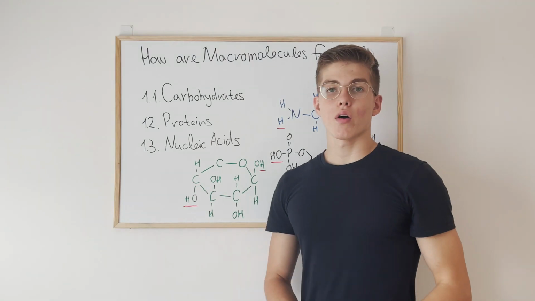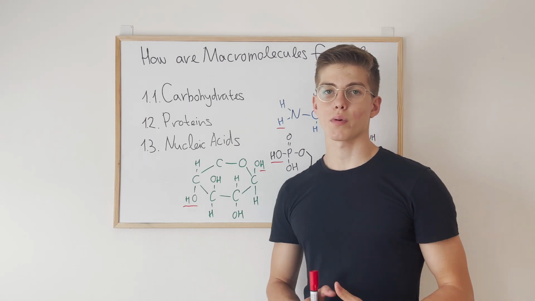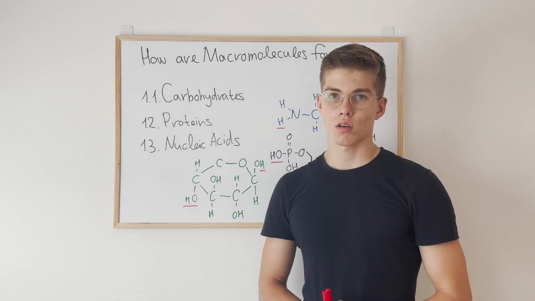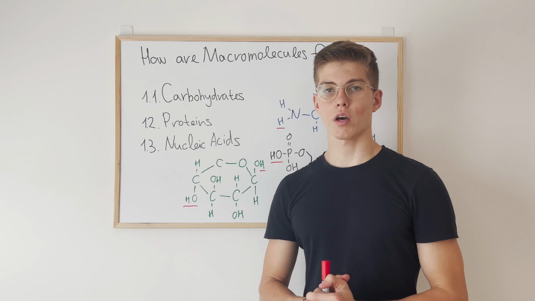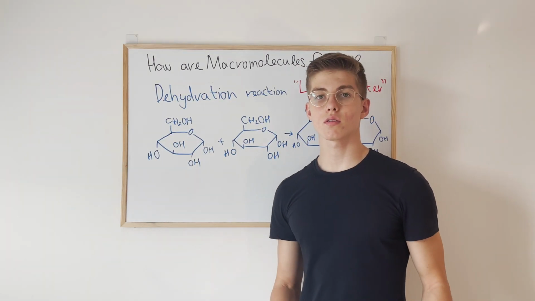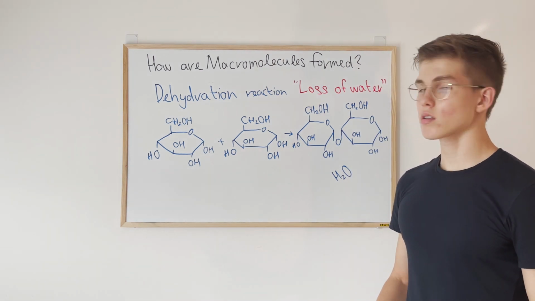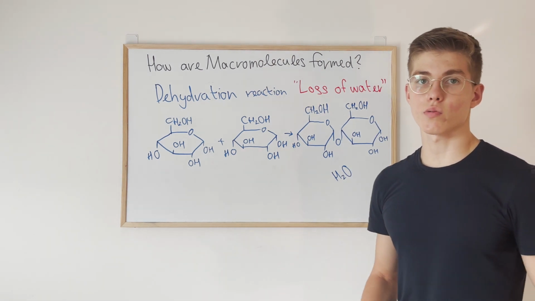And that is why all three types of macromolecules are formed by the same reaction, which is called dehydration. The word dehydration basically means loss of water. And this is exactly what happens in this reaction.